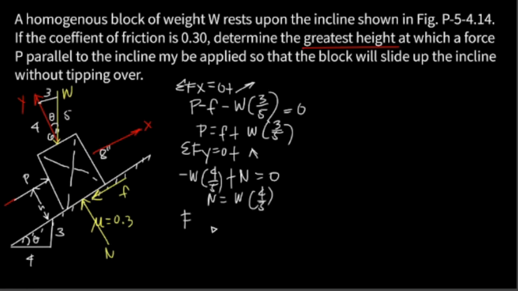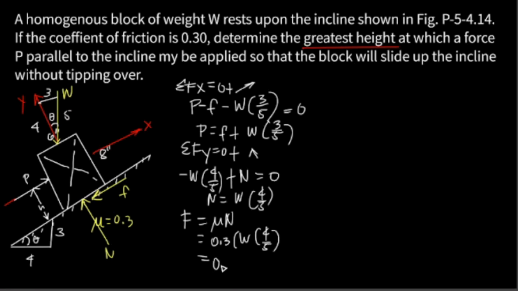The formula for friction is mu times N. Mu is 0.3, given in the problem. So 0.3 times N, which is W times 4 over 5, that will be 0.24 W.